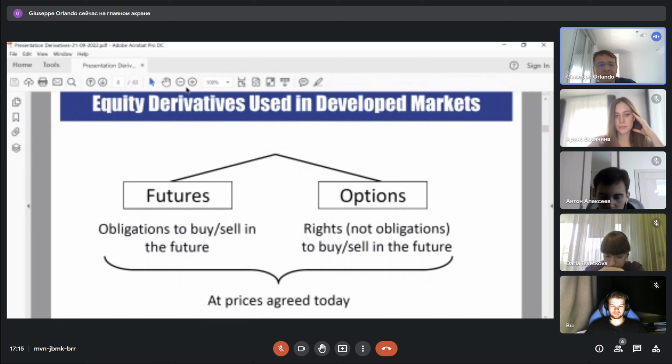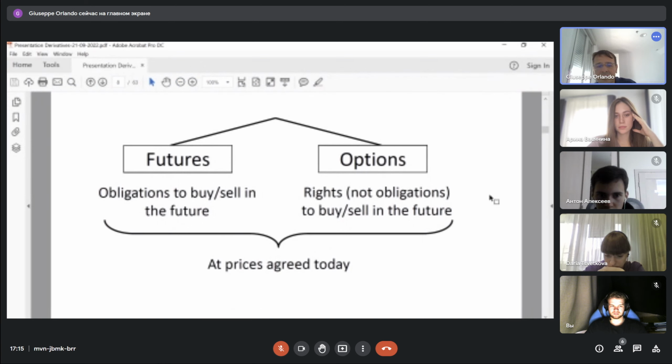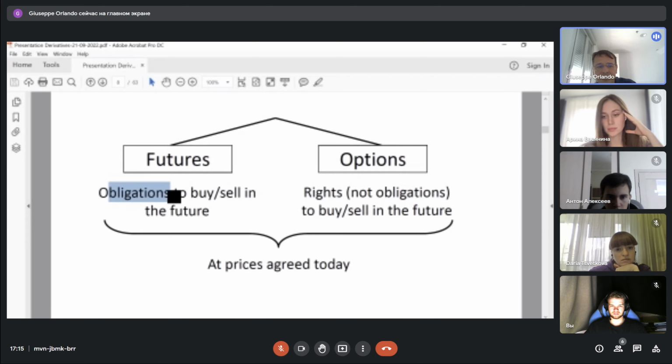So let's say the two different kinds of derivatives. One is a future, and the other one is the option. The main difference between them is that in the case of futures, you have the obligation to sell or buy.